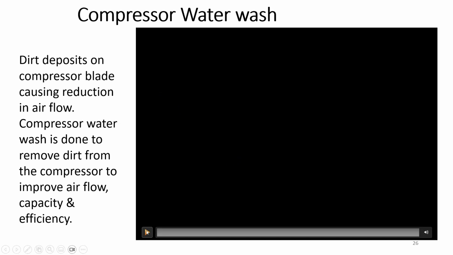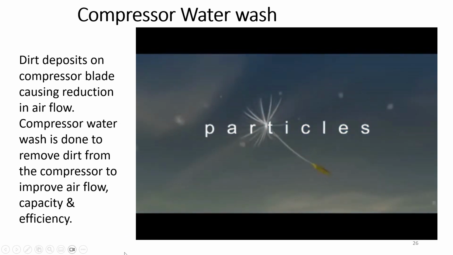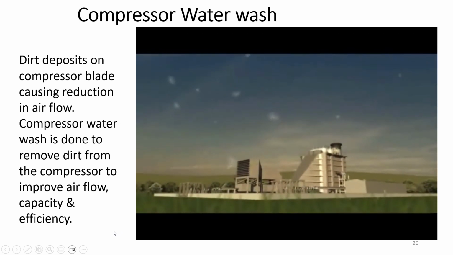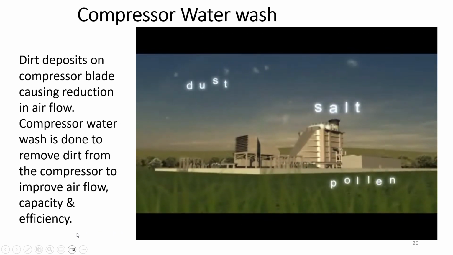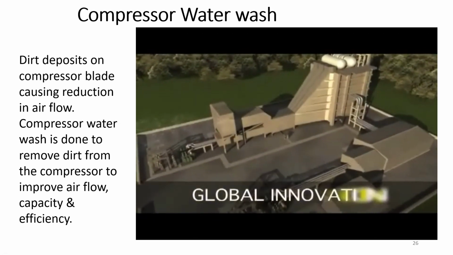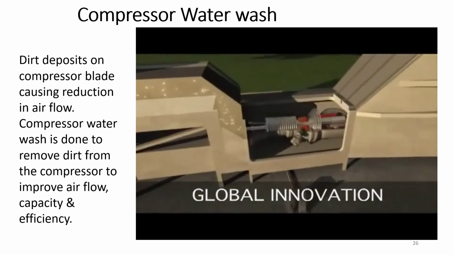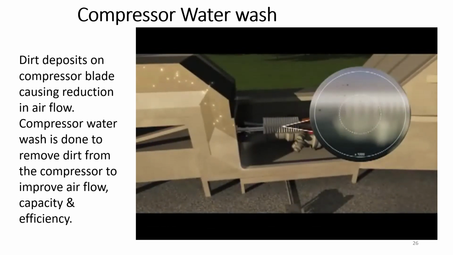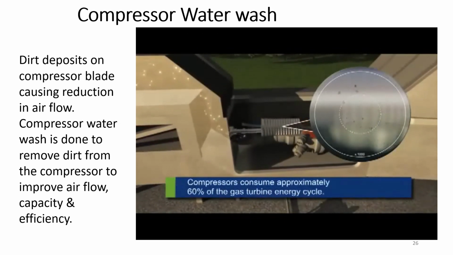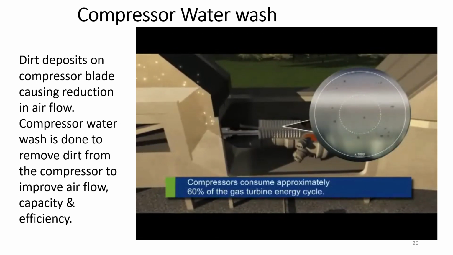So let us start. Everywhere in the air there are tiny particles generated by manufacturing, transportation, and Mother Nature in the form of dust, pollen, salt, and other contaminants. Large quantities of particles or contaminated air make it all the way to the compressor section of a gas turbine. These deposits decrease the airflow and overall performance and efficiency. This raises fuel consumption and global warming pollutants.